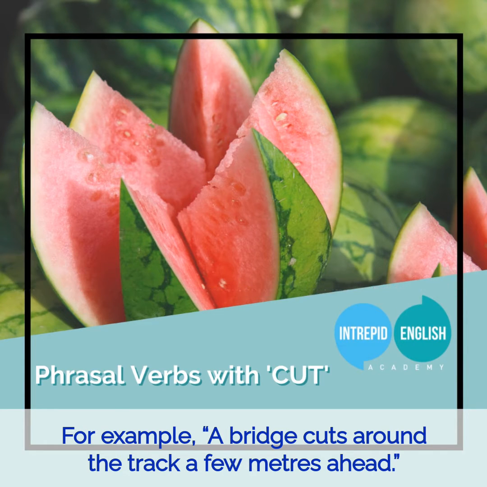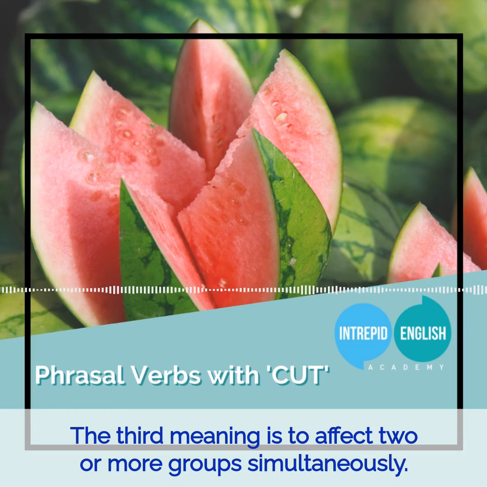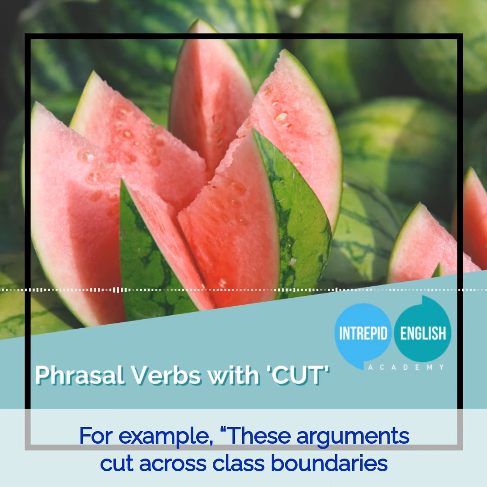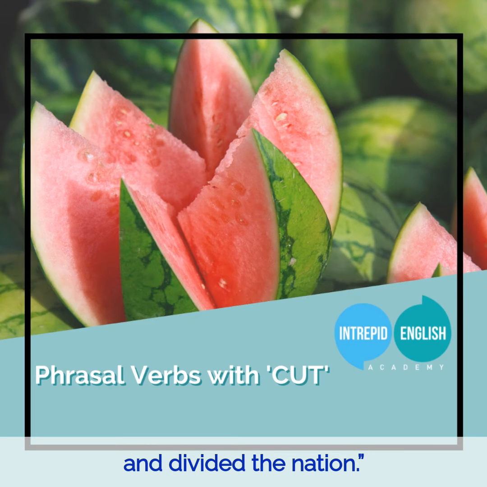For example, a bridge cuts around the track a few meters ahead. The third meaning is to affect 2 or more groups simultaneously. For example, these arguments cut across class boundaries and divided the nation.